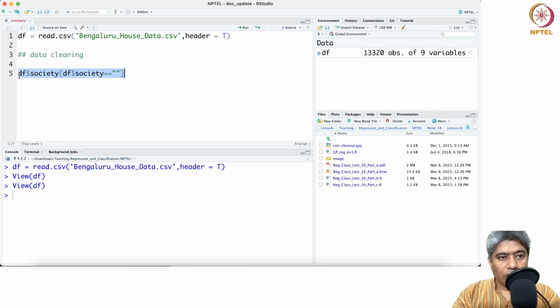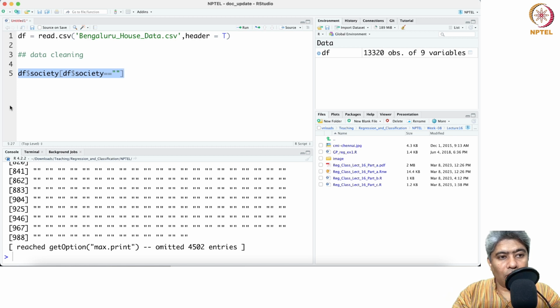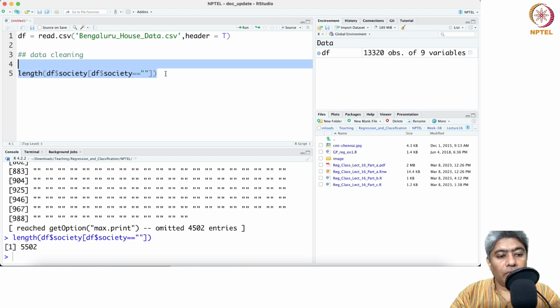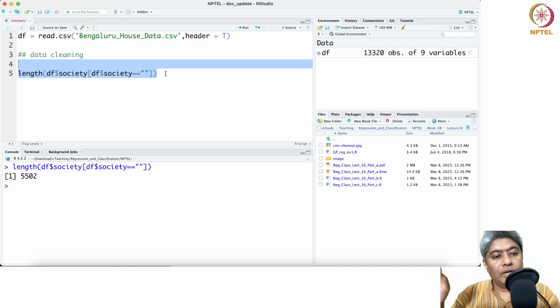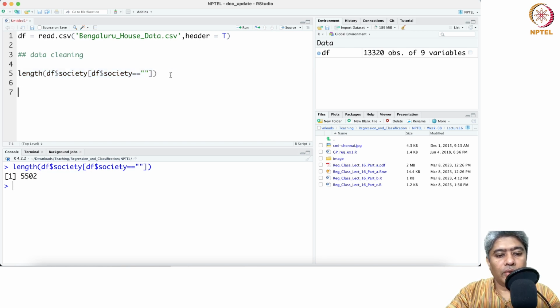This will give you all the cases where you have quote unquote, and then if you just say length, it will give you 5,502 cases where the society value is not available. We can write it down with a note: in 5,502 instances, the society value is not available.